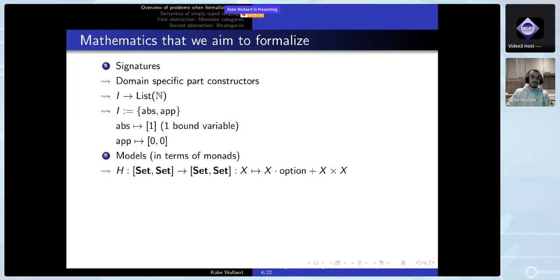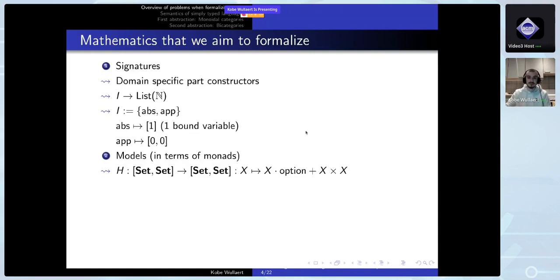And then having a notion of signature, we want to study its models. And in our case, it's in terms of monads. In order to get this, we need some kind of signature functor, and if we have constructed such a signature functor, we then get an initial algebra, which represents the type of untyped lambda terms.